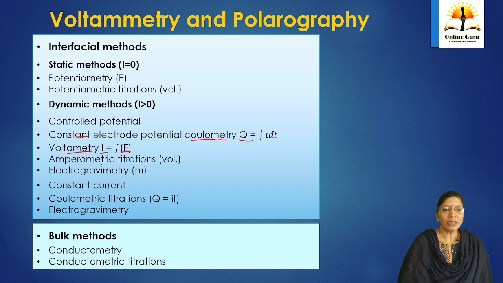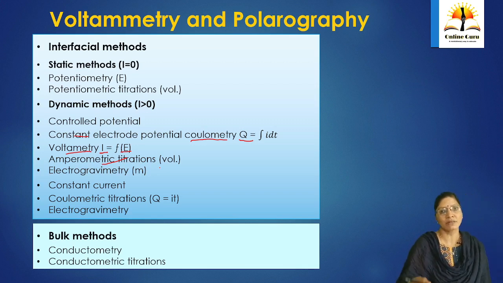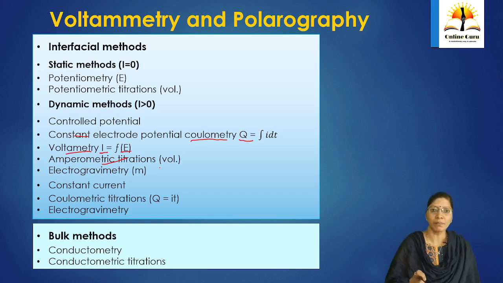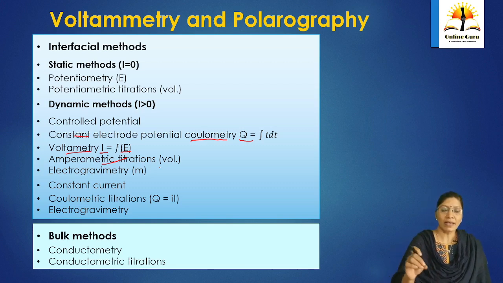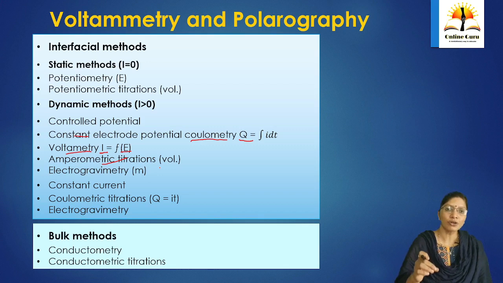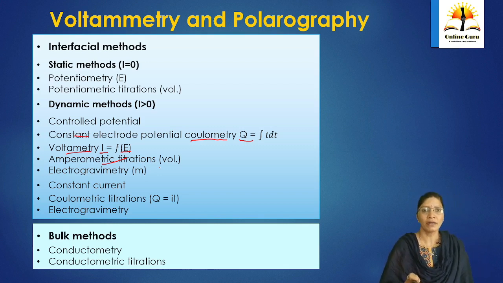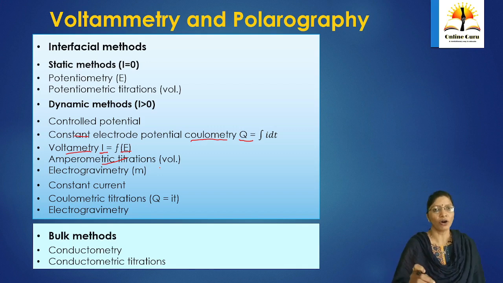We have another class, amperometric titration. What is the phenomenon in amperometric titration? We fix a certain magnitude of potential, but as the term titration is involved, instead of scanning a potential, we keep a fixed potential on the working electrode and add a titrant into the vessel, and the current, in amperes, is recorded.